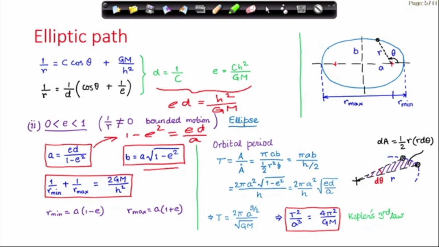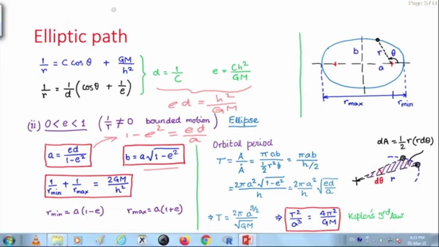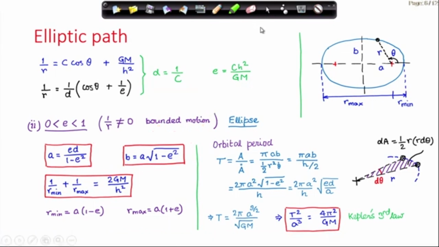This was Kepler's third law: the square of the time period is proportional to the cube of the radial distance. In an elliptic path, it is a, the length of the semi major axis. For a circular path, T square is proportional to r cube, which we have already seen. So, this is Kepler's third law.